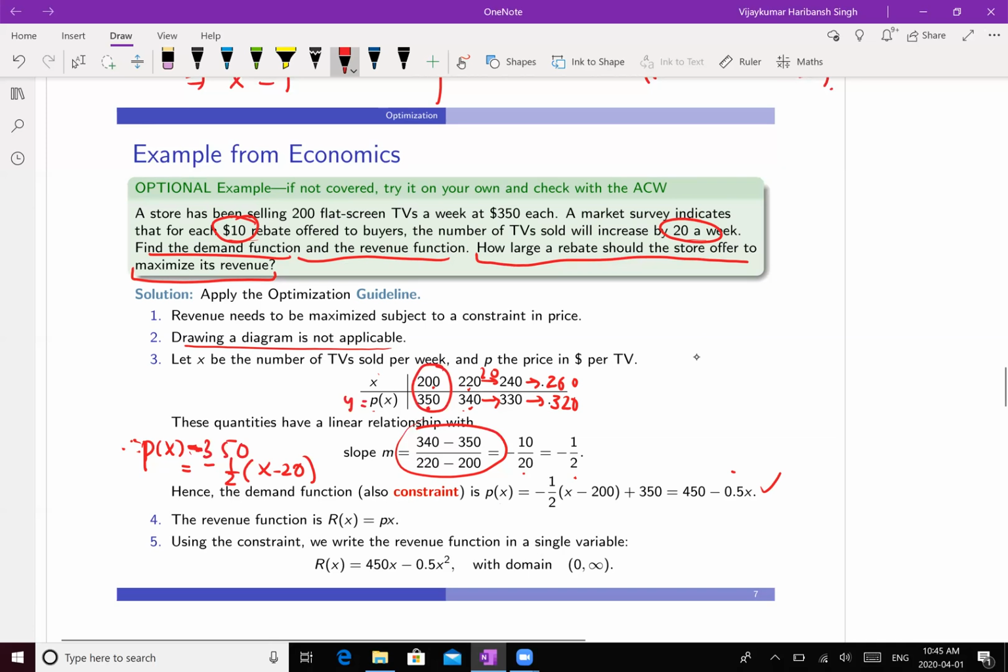There's another way to look at this. Another way to find the same formula would be: let x be the number of TVs sold, right? Do you agree? So now if you do x minus 200, that is the excess of TVs sold more than 200.